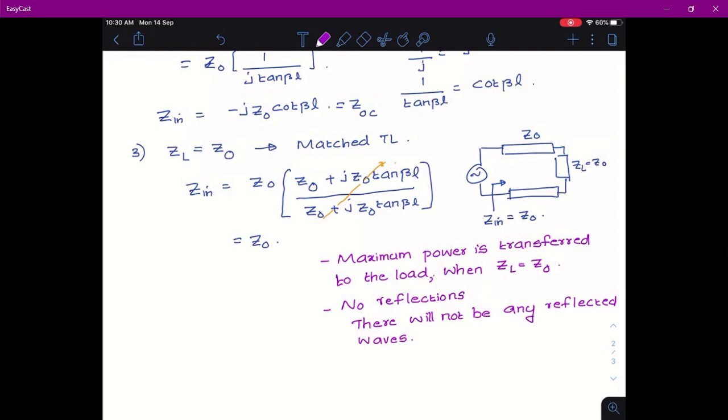Okay, and this is called the matched condition, which is ZL is equal to Z0. So, these are some of the special cases of the lossless transmission line input impedance. We will regularly revisit these conditions again and again when we do Smith chart and other topics. But the basic thing is everything is from the input impedance side.